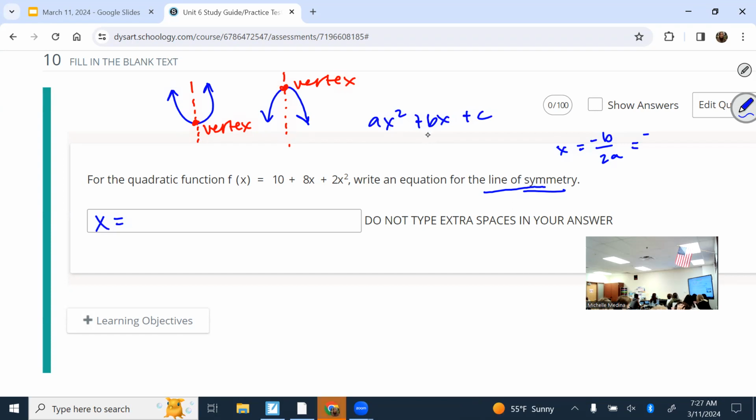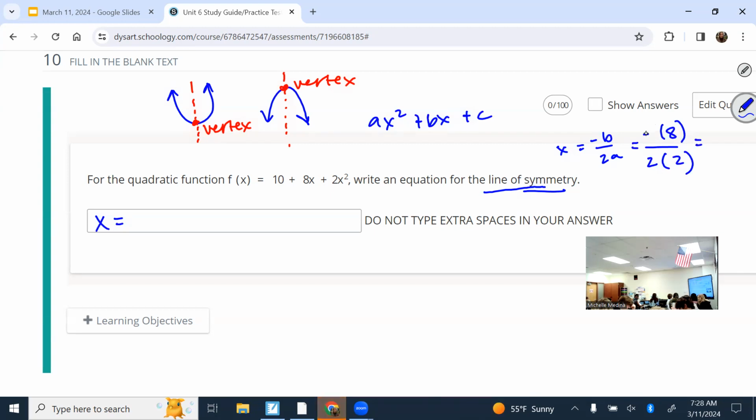So what's going to be my b value? 8. So I'm plugging in an 8 for the b. Over 2 times a, and a is always in front of the x squared. So even if they write it out of order like they did, what number is in front of the x squared? A 2 is in front of the x squared. So it's going to be 2 for the a.